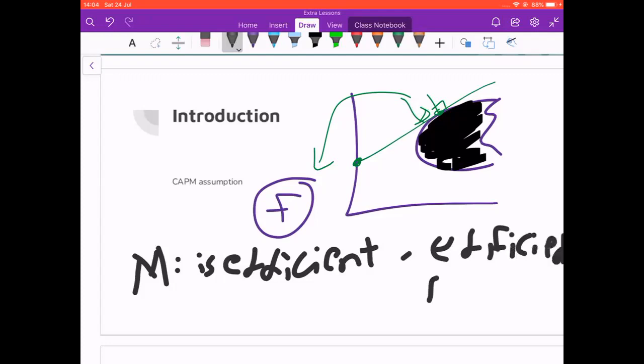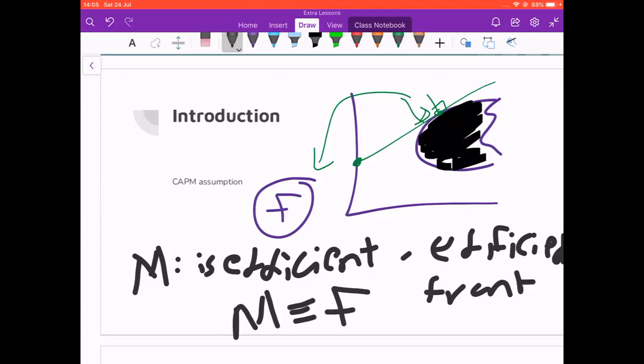And if this is the case, the market portfolio M is the same as F, because they are both efficient.